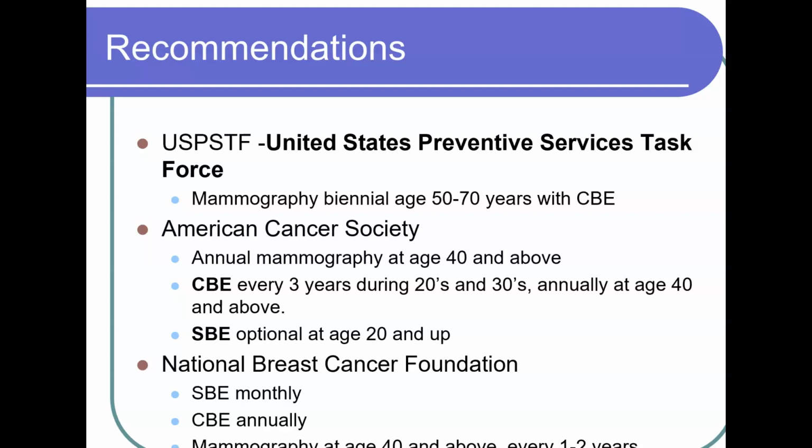You got to make sure that you reinforce that they disrobe at the waist, and they palpate in the correct areas, making sure that they cover all the areas including the axilla.